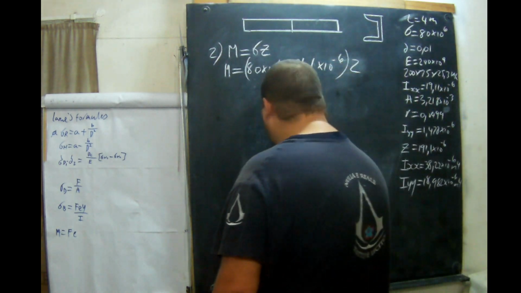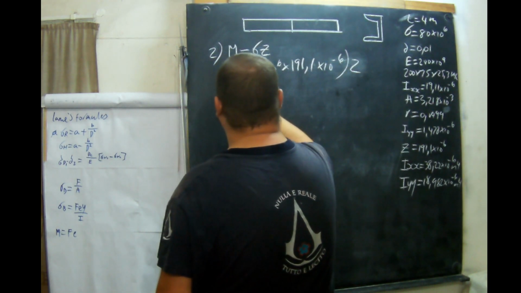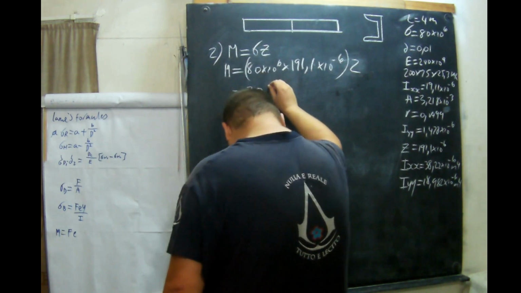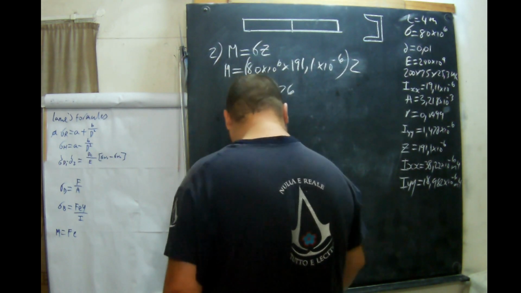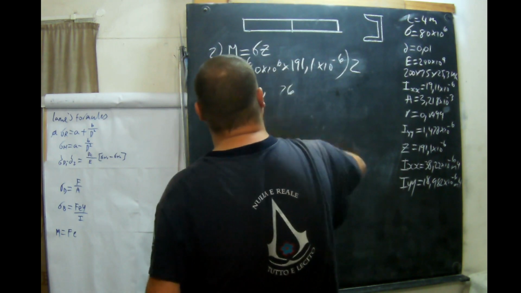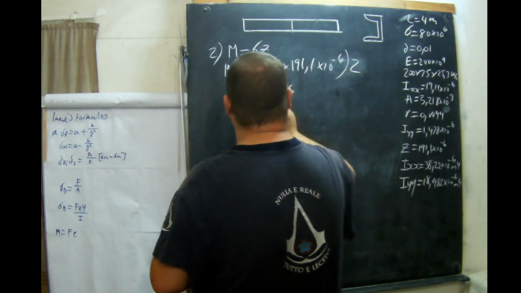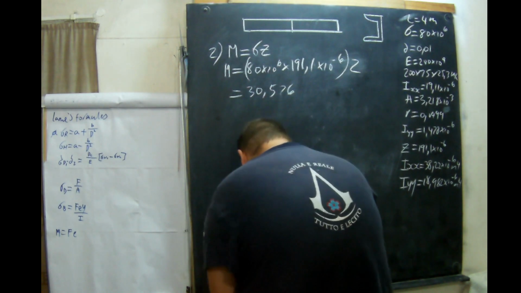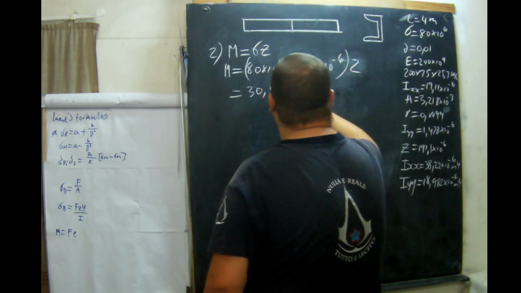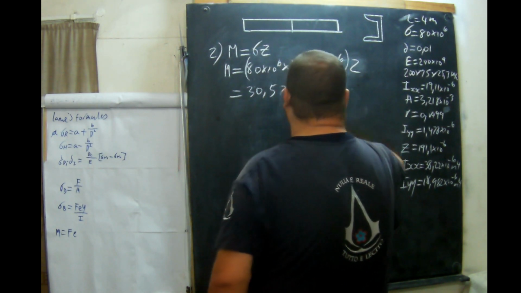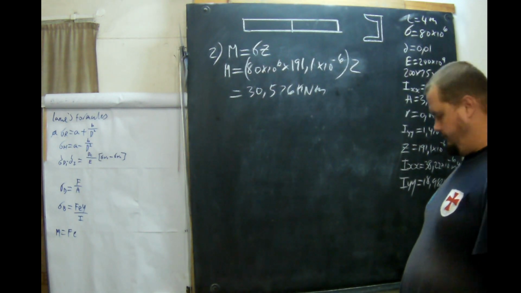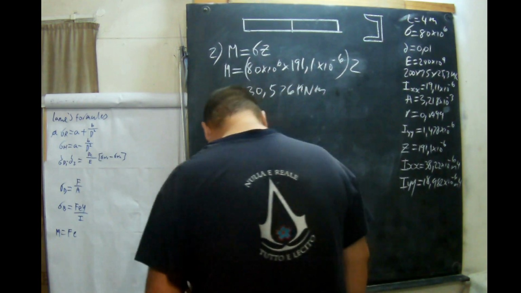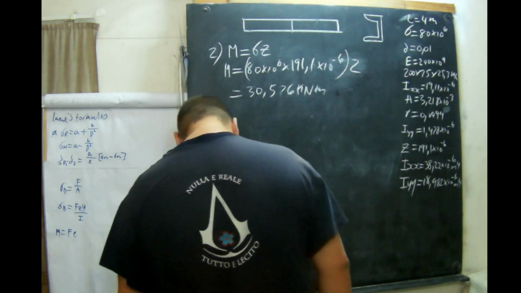And that gives us 30,576 kilonewton meters. Okay, so we have that.